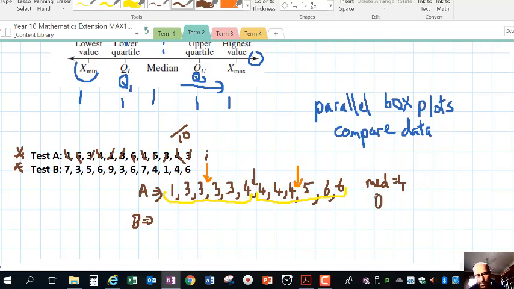So Q1 equals 3. If you don't know these steps, you need to watch the previous video which goes through these. Q3 is there, so that's 4.5. The minimum value is 1. The maximum value is 6.